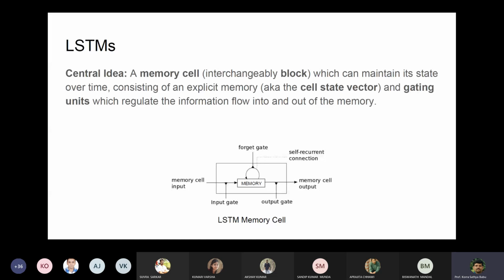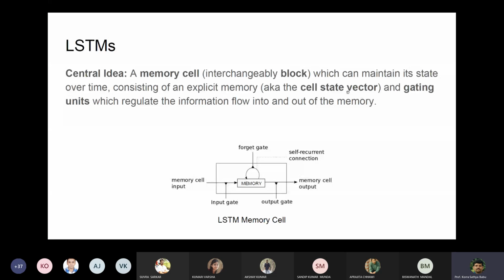Here explicit memory means we have a cell vector, and some gating units which regulate the information flow into and out of the memory. So this is completely explained. This is the LSTM memory cell.